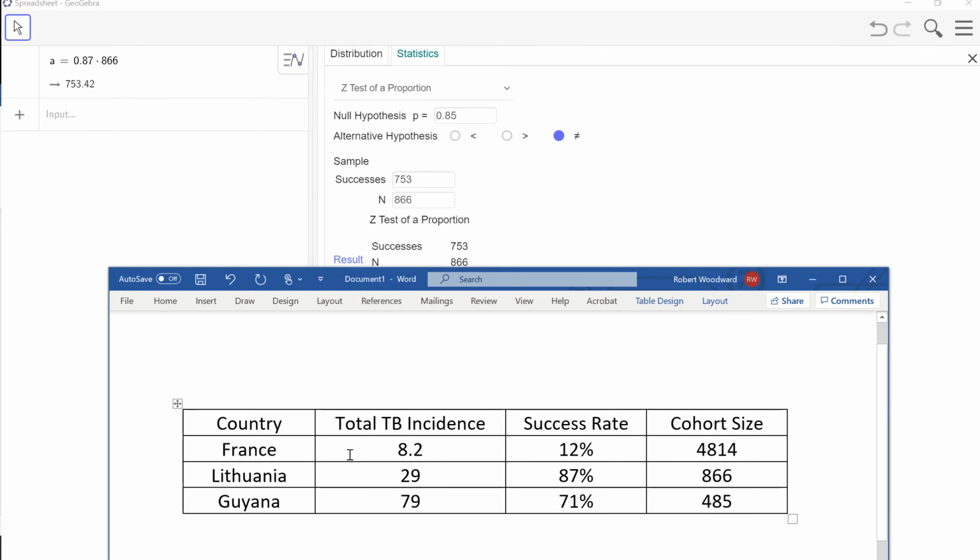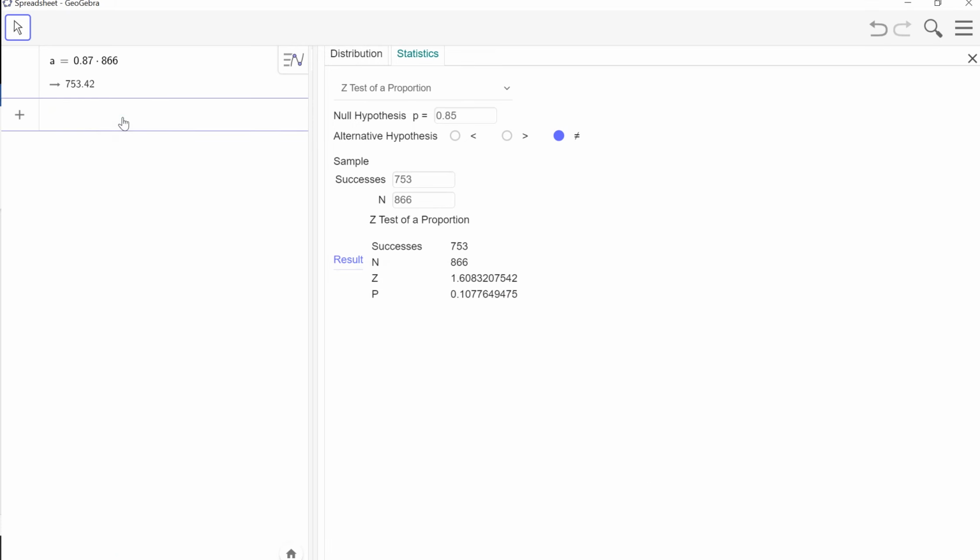For example, if my first country is France, then their sample size is 4814, and I will have to use the success rate to find the successes. So 4814 times 0.12 gives me about 578 successes. So I'll say for France, 578 successes out of 4,814. Gives me a test statistic of negative 141.8 and a p-value of approximately 0.